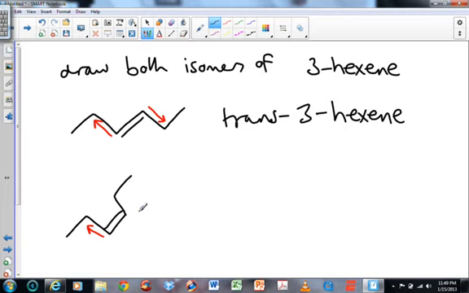So that means that these 2 groups are going in the same direction relative to the double bond. All right. We still have 6 carbons on each side, in each molecule. The only thing that's different is the orientation of the groups around the double bond. Here they're going in the same direction, here they're going in opposite directions.